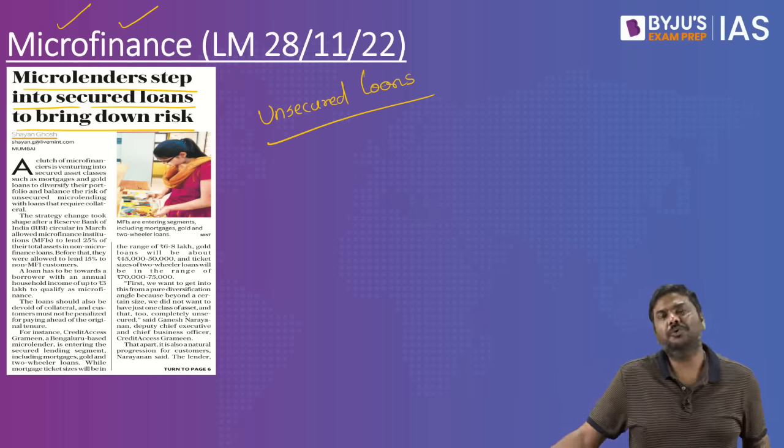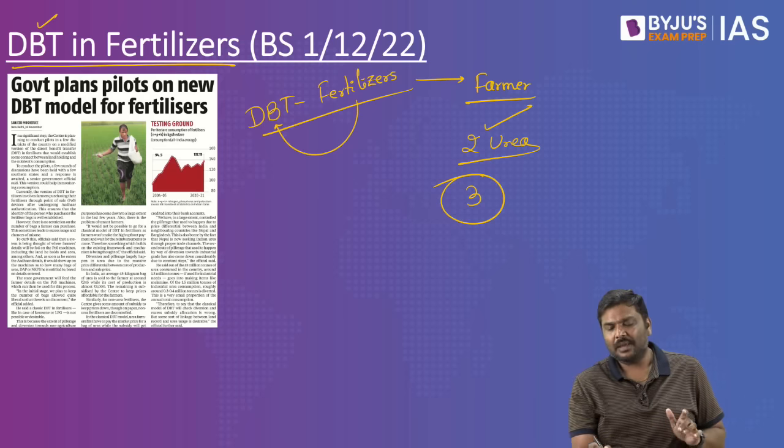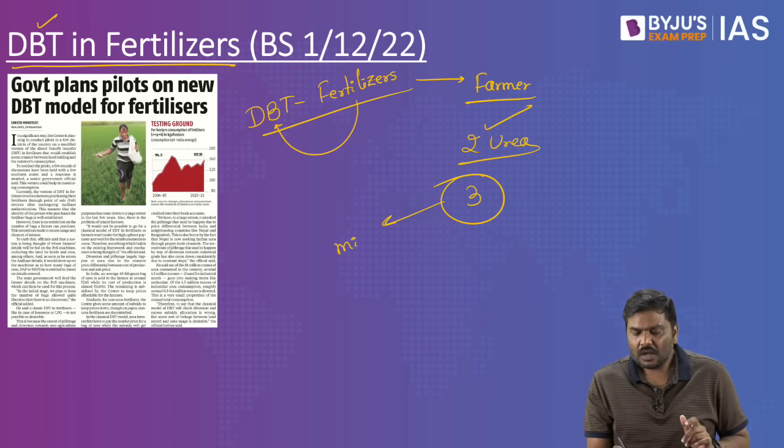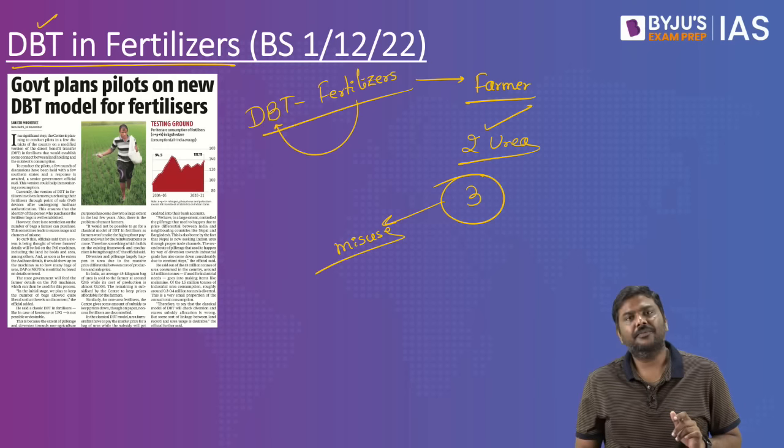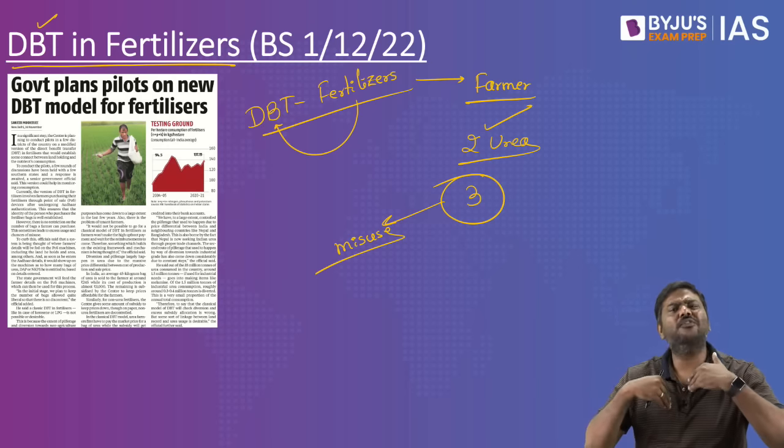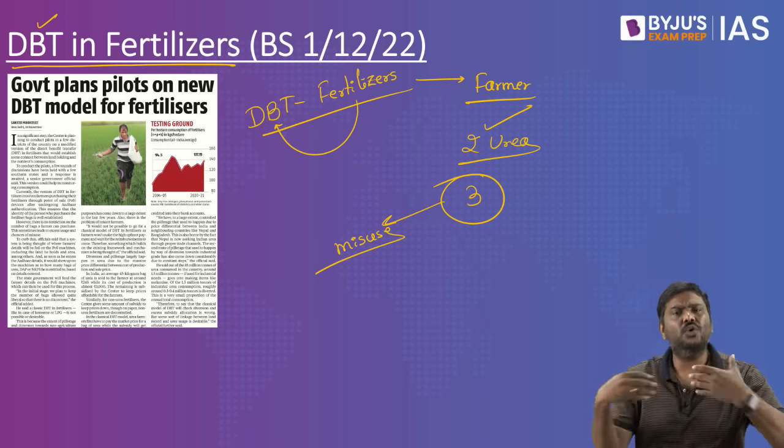As a result, rather than purchasing 2 bags, if the farmer purchases 3 bags, don't you think, one, there will be misuse of this fertilizer. The farmer will end up applying a lot of urea in the field, which could also mean that there is a shortage of this fertilizer for another farmer.